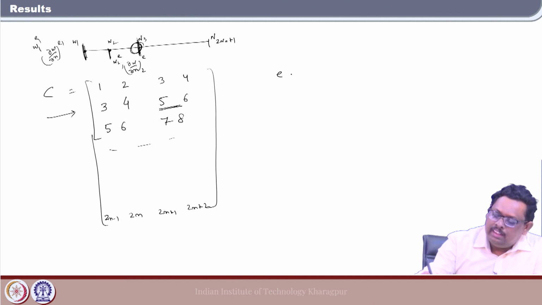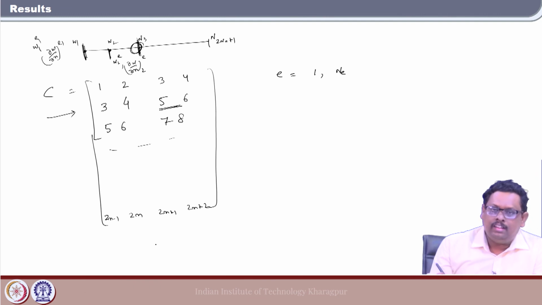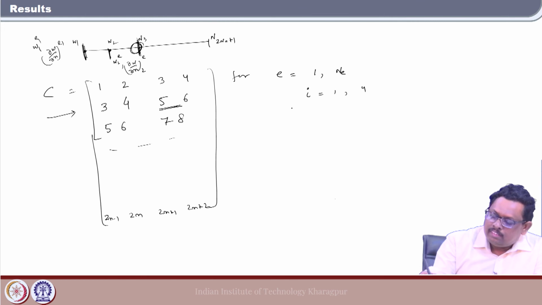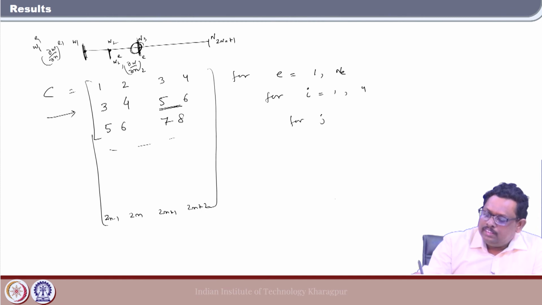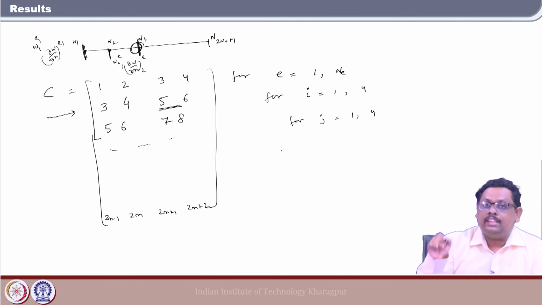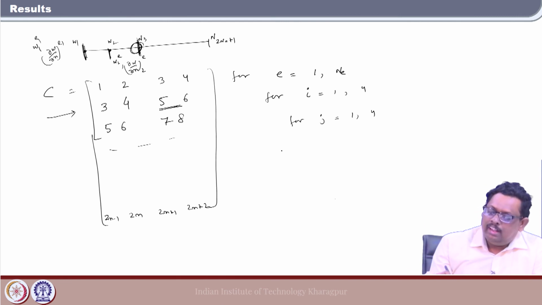Take E equal to 1 to n e, which is the total number of elements. Now, element wise you have I from 1 to 4. This is a MATLAB code. And you have j also equal to 1 to 4. I am just writing for the mass matrix, and the stiffness matrix and also the force matrix are the same.